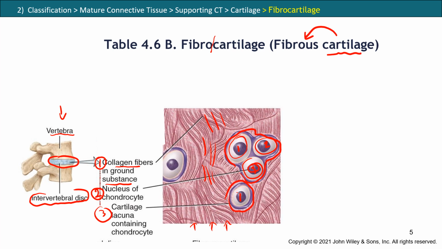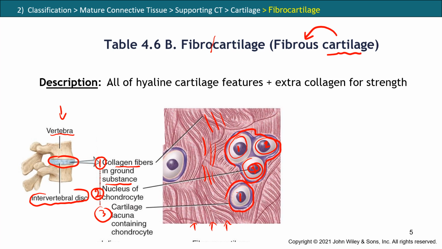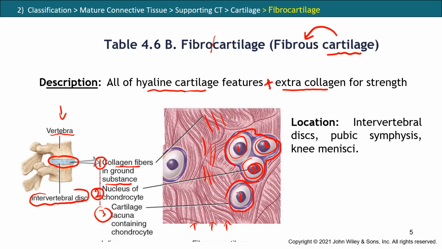So, okay, now let's just recap. I told you that this type of connective tissue has similar features as the hyaline cartilage. The difference is that here we have more collagen fibers for strength. In addition, there are different locations. I talked about the intervertebral disc, but in following chapters we will talk about, for example, the symphysis in the pubic area or the knee, where you definitely need more support.